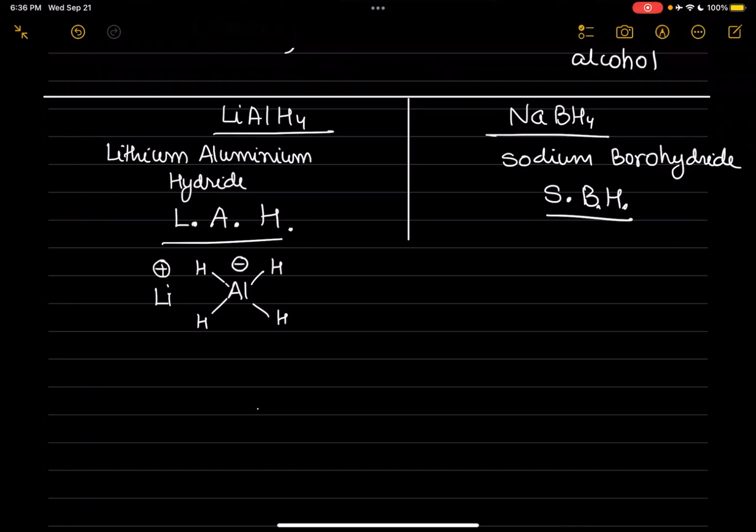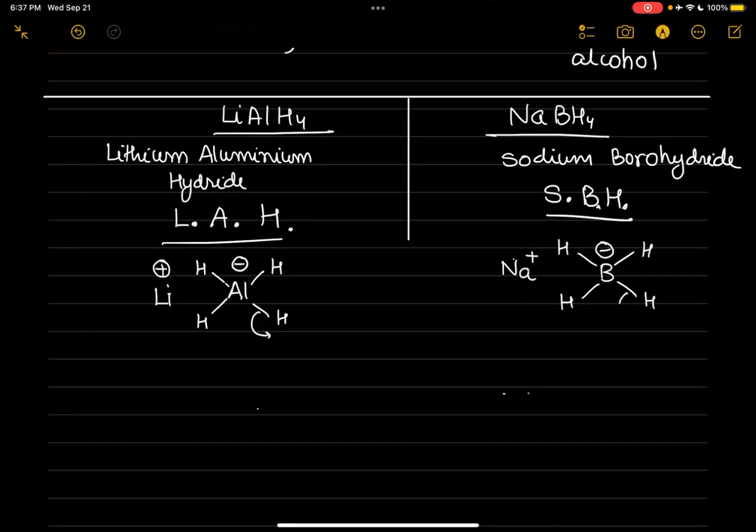Li is the cation and AlH4 is the anion. Similarly, in this case, sodium is the cation, and this is the anion. Here in both the places you can notice that there is one H minus extra.